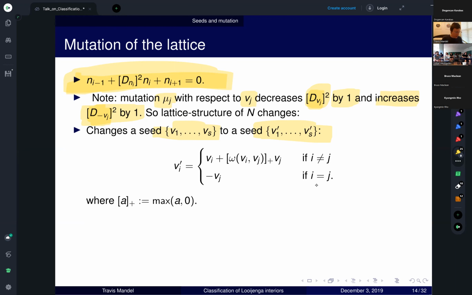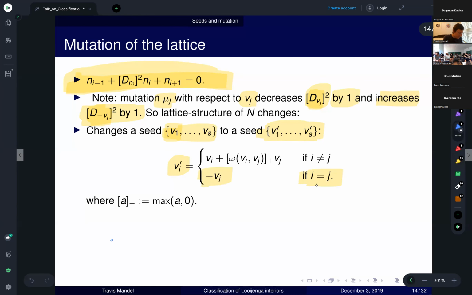And then if you identify them, the way that this piecewise linear map acts on these vectors vi is like this. The vectors vi will map to these vectors vi prime, where if i is equal to j, then vj prime is negative vj.